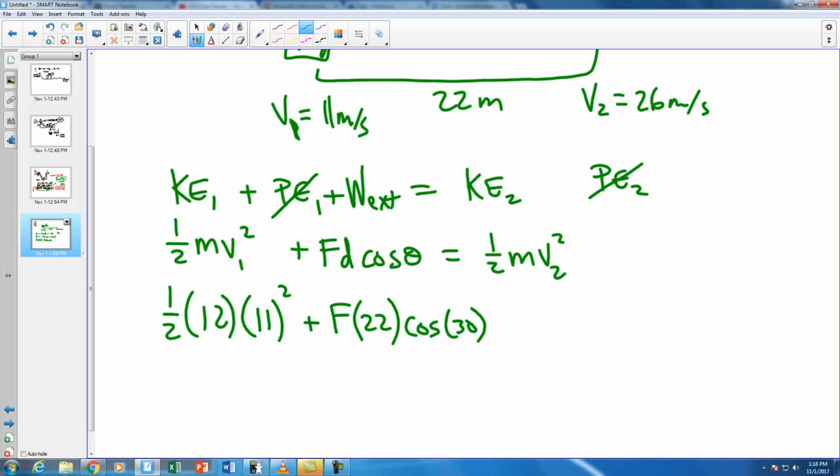Your calculator has to be in degree mode. That will equal 1/2 the mass of 12 times a velocity of 26 squared. If we throw this in, this turns out to be 726, so I'm going to subtract 726 from both sides.